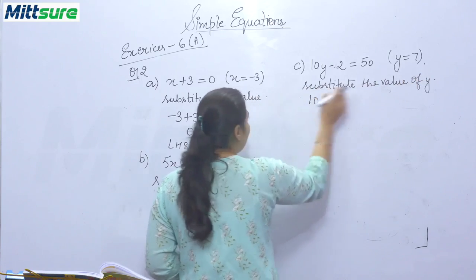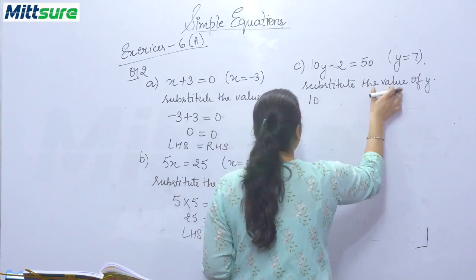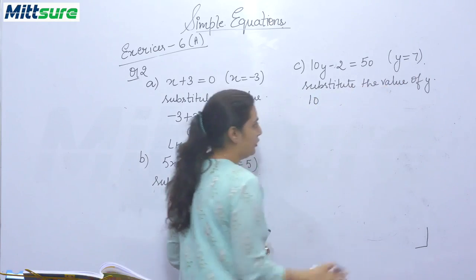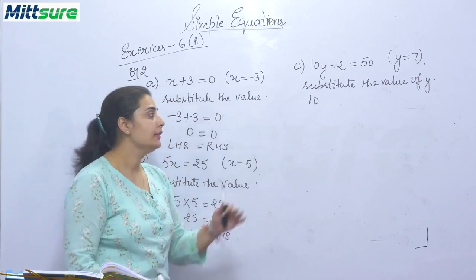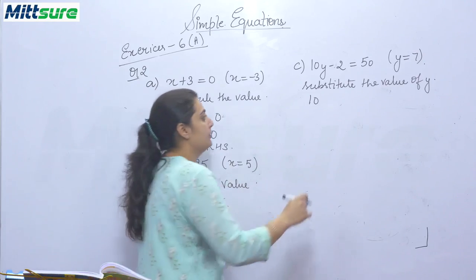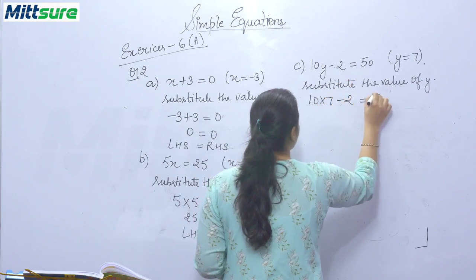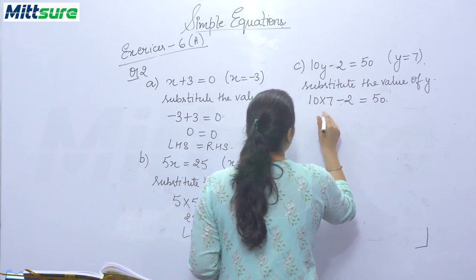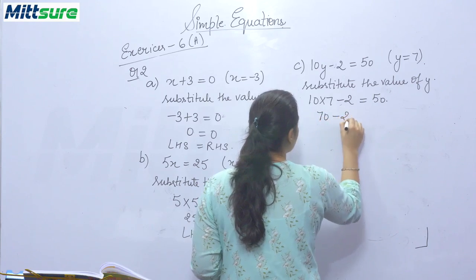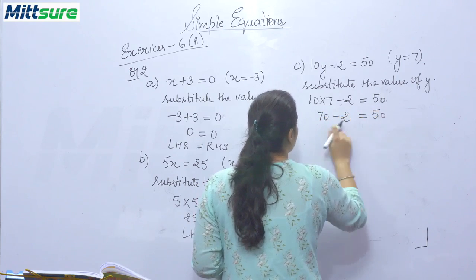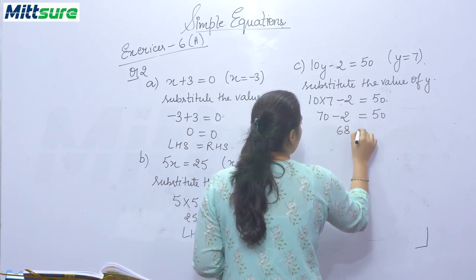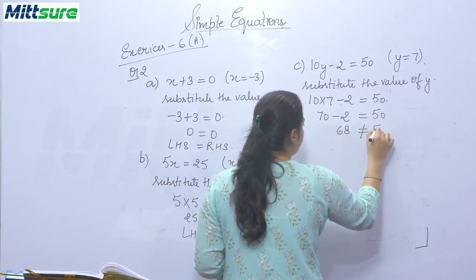You can write 10 of y also, but if you write till here also, that is also correct, because you are mentioning what you are doing in the question. So 10 multiplied by 7 minus 2 equals 50. 10 into 7 is 70 minus 2 equals 50. Here you get 68, which is not equal to 50.